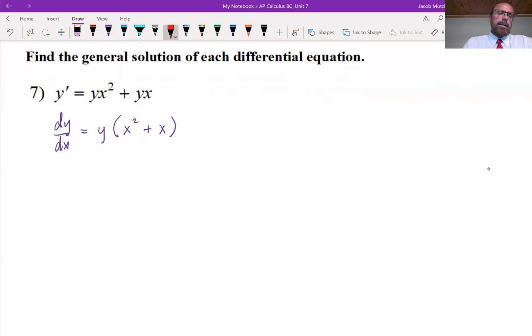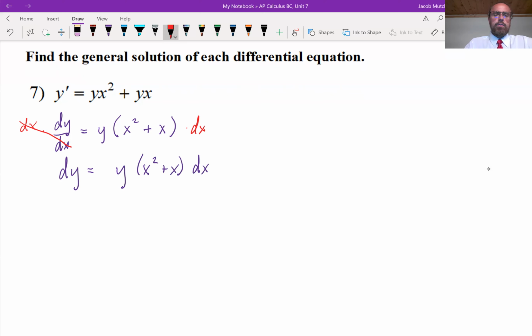On the left side, I can apply that same strategy, multiplying by dx to cancel dx and move it permanently to the right side. So at that point, we'd have dy equals y times x squared plus x dx. Only one more variable to move.